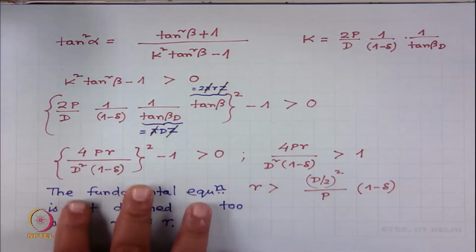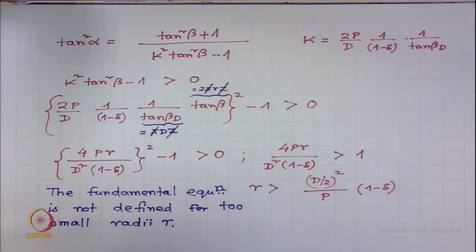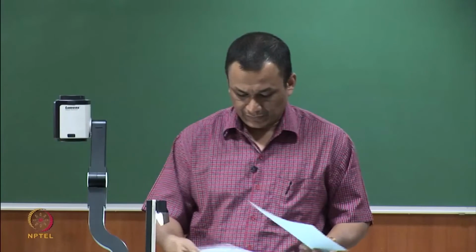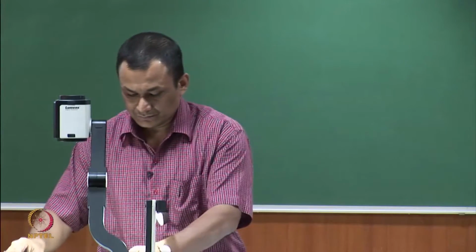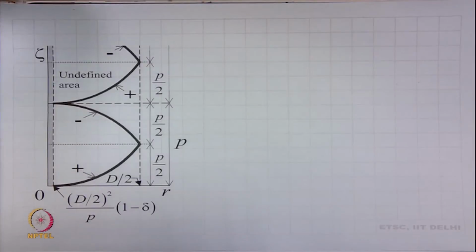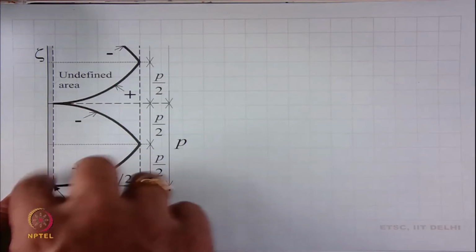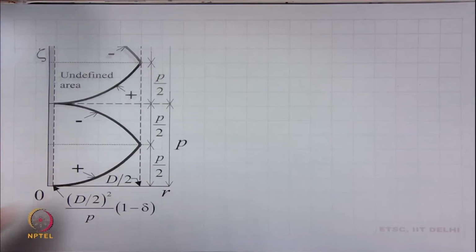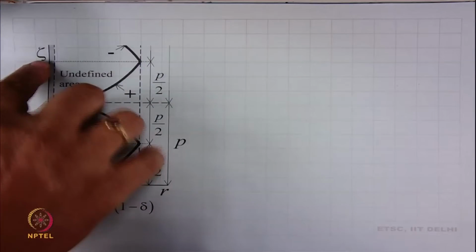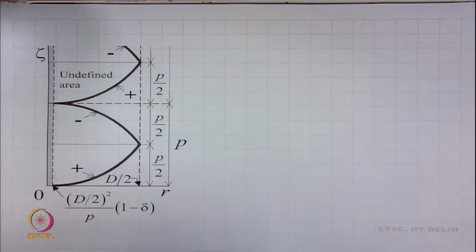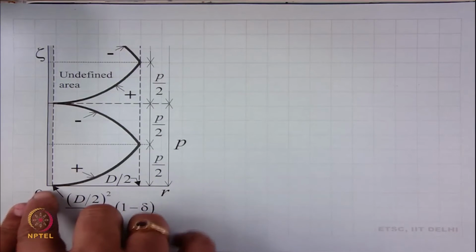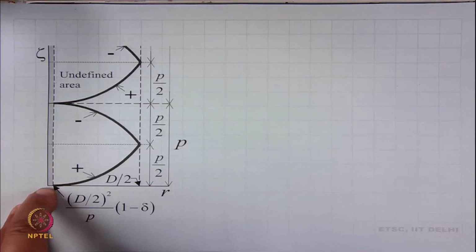What is the meaning of this? Something like this. This is the radius and this is the axial length of yarn, r zeta. Fiber is not starting from 0 because r is greater than a small value.